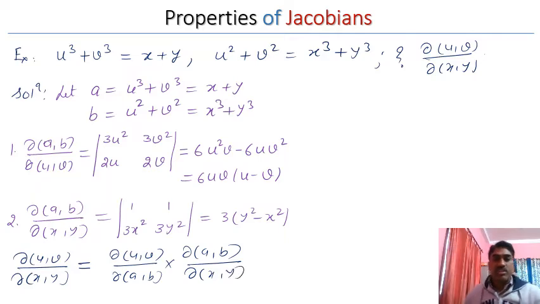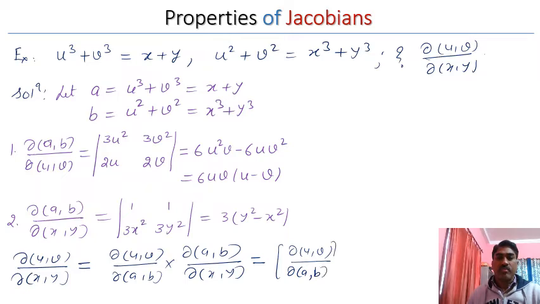So with the first property we will find this first: the Jacobian of uv with respect to ab as the inverse of the first we found. So this will become the inverse of the Jacobian of uv with respect to ab, and the Jacobian of ab with respect to x and y.